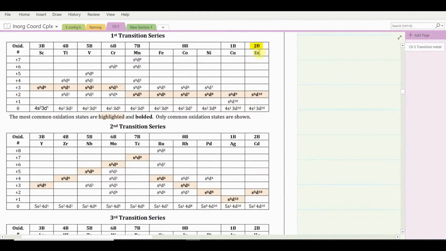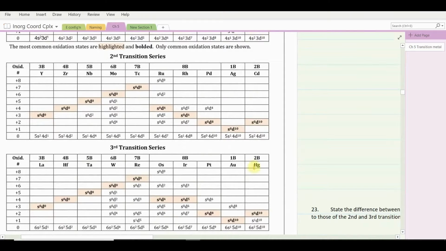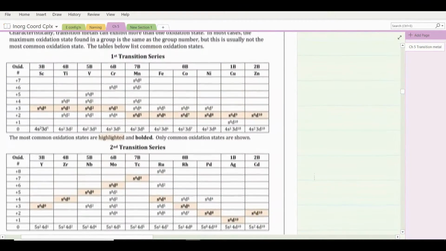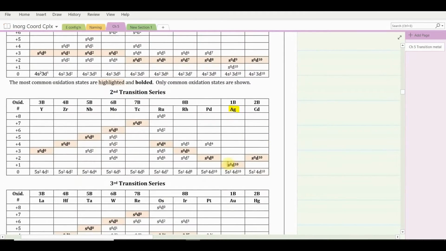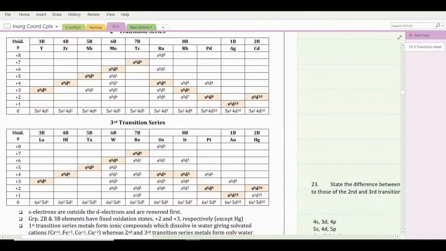Notice in group 2b we have zinc +2, cadmium +2, and mercury +1 or 2. So almost always +2. In the case of group 1b, we have copper, can be 1 or 2, silver, only +1, and gold, 1 or 3.